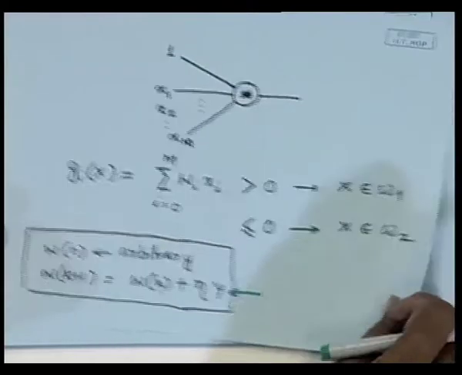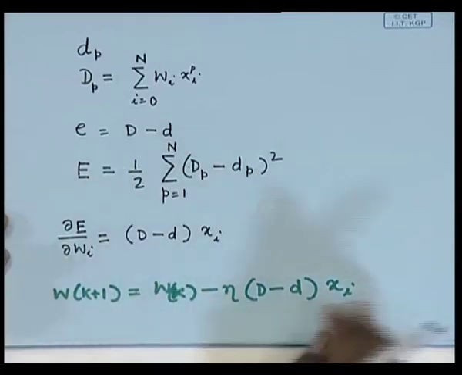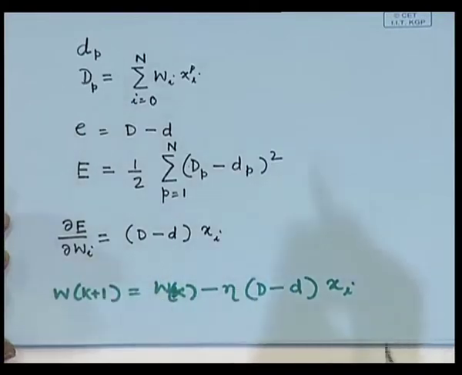And in this case, if we differentiate this with respect to w_i, we get capital D minus small d summed over all p. When you do that differentiation, because we are differentiating with respect to w_i, the ith component of w, the jth component w_j x_j, which is independent of w_i, becomes 0.